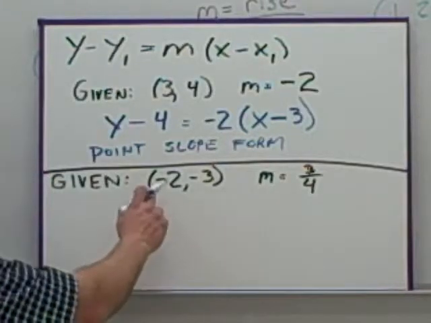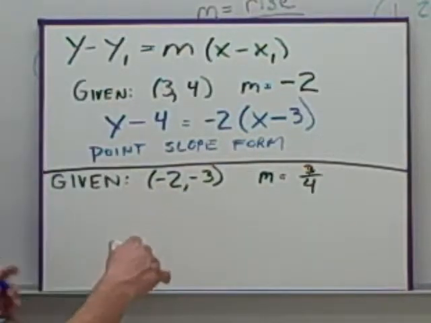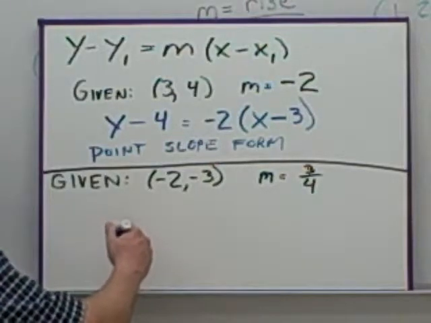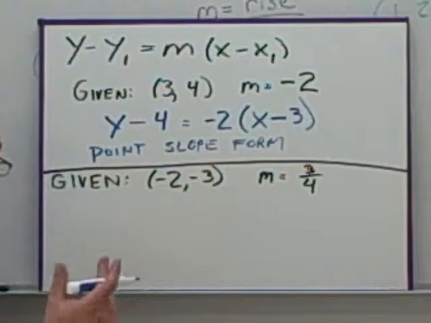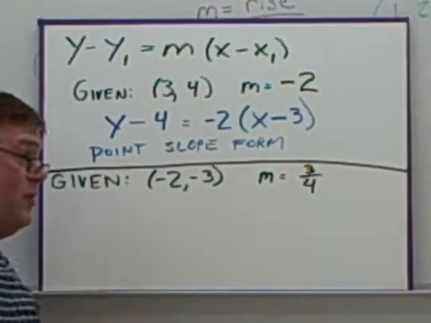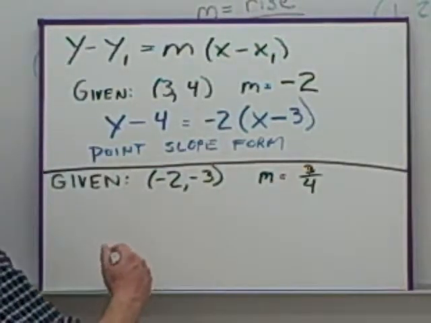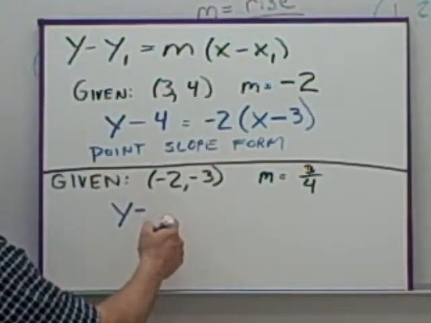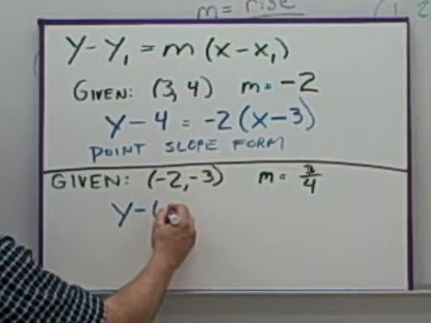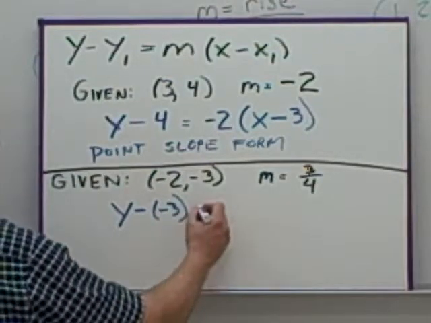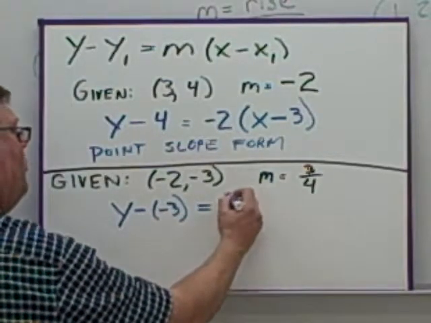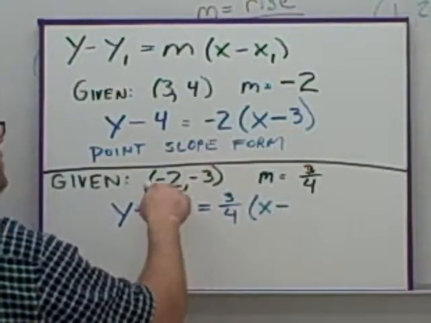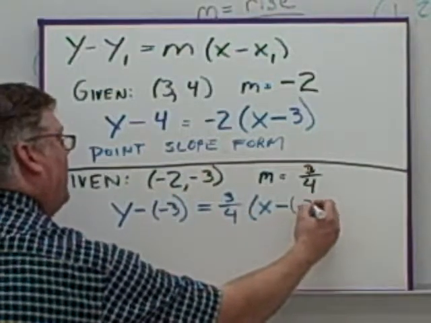Here's another one. This time we got some negatives in here, and that can cause some problems with slope. So let's see how it works in here. We also have a fraction for slope. Remember, slope is a ratio, so it's often going to be a fraction. So we still work with the same formula, y minus the y1, which is going to be the negative 3. And that's going to be equal to the slope, 3/4, times x minus the x value of negative 2.